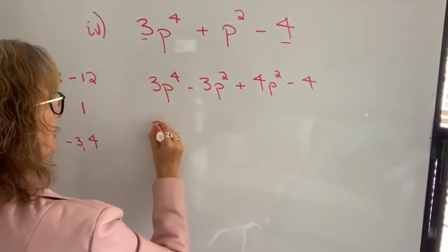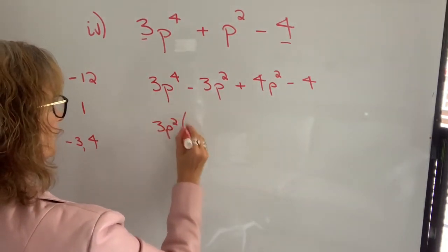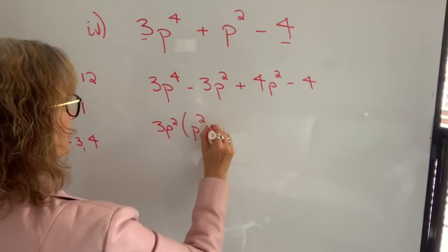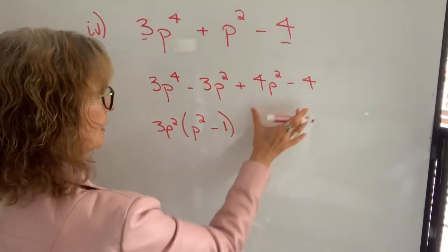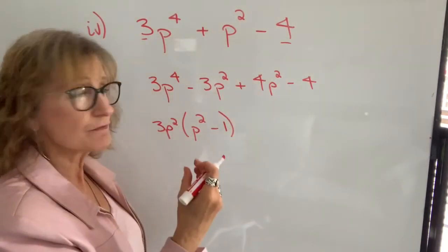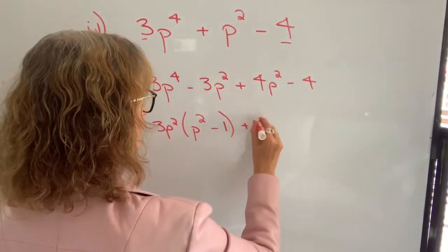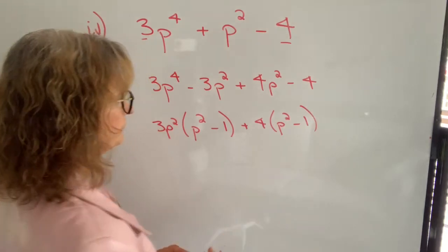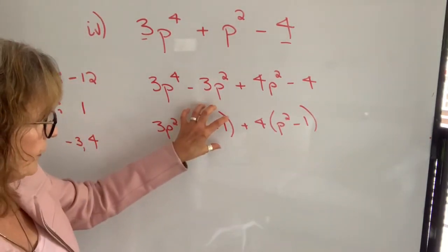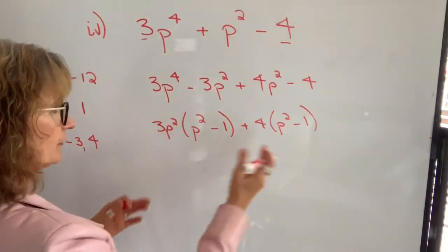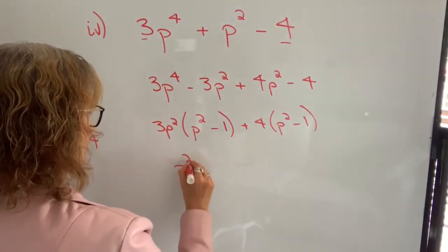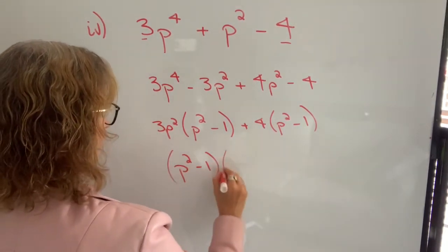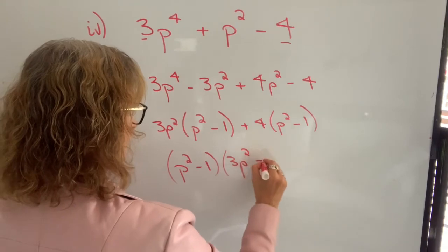I can take a 3p squared out, and I'm left with p squared minus 1. I do the same thing with the next two terms. I factor out, in this case, a 4, and I'm left with p squared minus 1. You're looking for these common factors, which I have. I can factor those out. So I have p squared minus 1 times 3p squared plus 4.